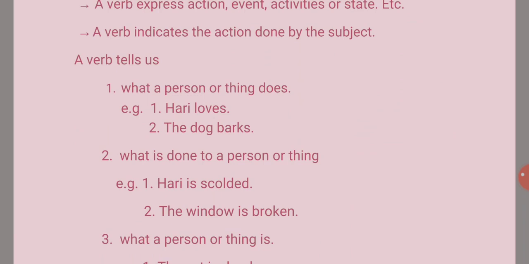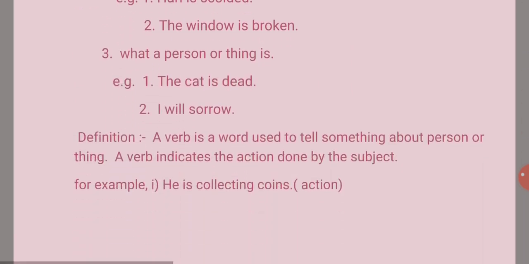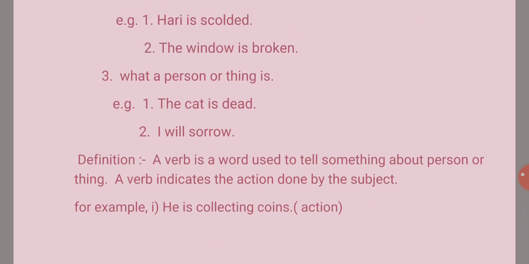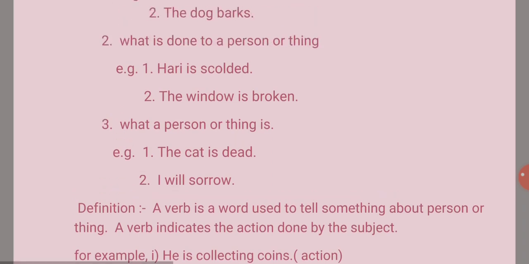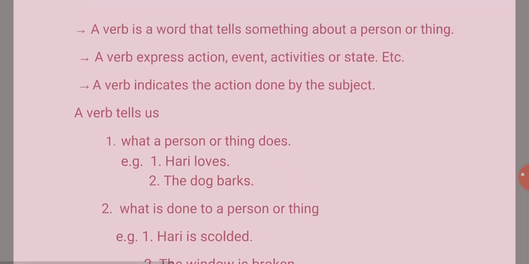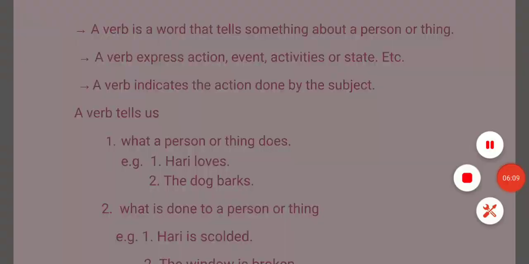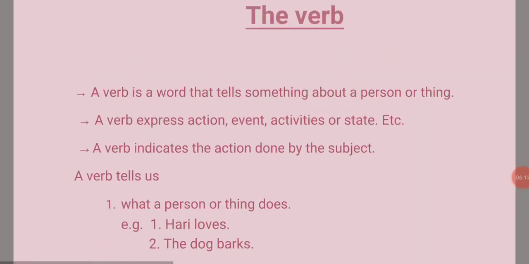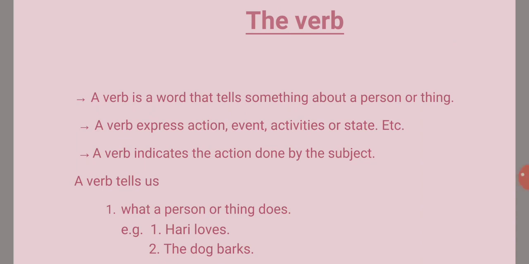So irregular verbs are verbs which do not take the -ed suffix when changing, and regular verbs are suffixed with -ed while changing from the base form to the past tense and past participle. So these are the changes which occur in the form of the verb.